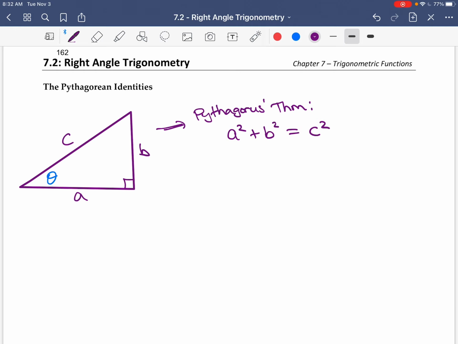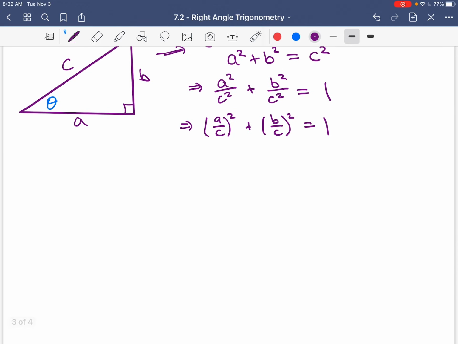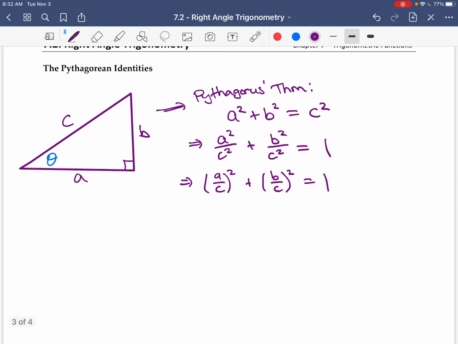Okay, now if I just divide everything by c squared, what that gives me is a squared over c squared plus b squared over c squared is equal to 1. And that's actually a over c squared plus b over c squared equal to 1. And a over c is the adjacent over the hypotenuse. So that's actually the cosine value.